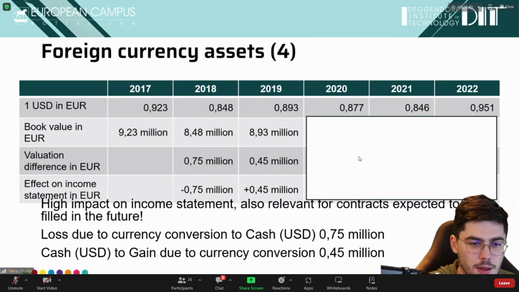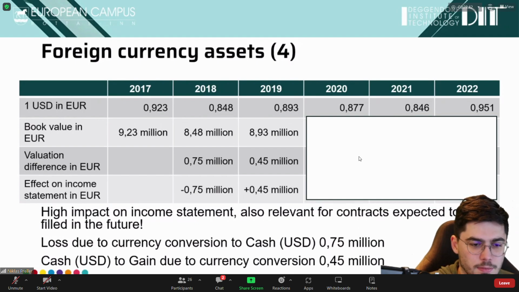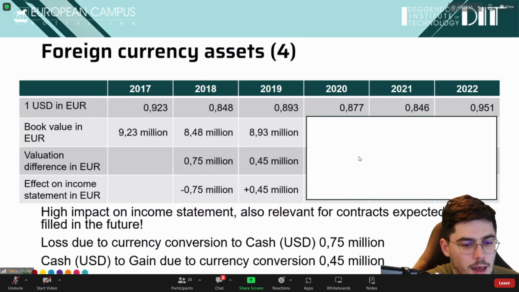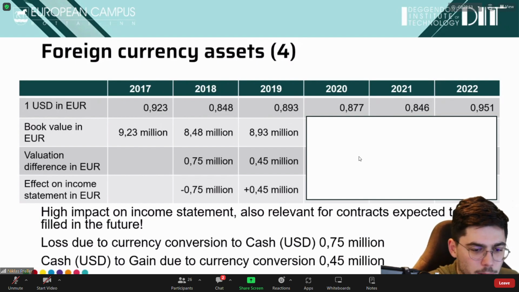This would be our accounting entry for that. So we increase cash, and we have a gain on the income statement due to these currency conversions.